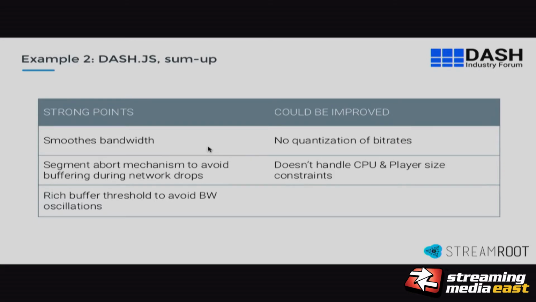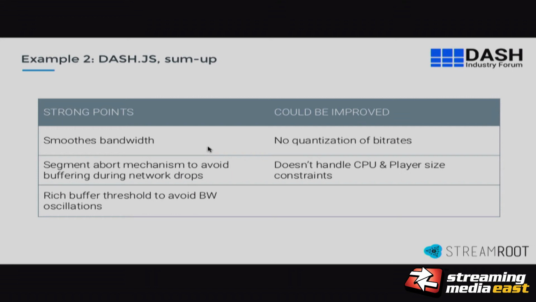So to sum it up really quickly, Dash.js strong points. First, it uses this smoothing of the bandwidth that we saw in the improvements part, but at the same time, it doesn't use the quantization of bitrates, which would create this asymmetry to avoid the oscillation that HLS.js uses.